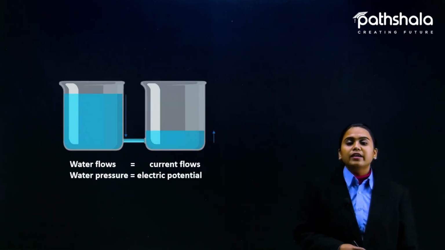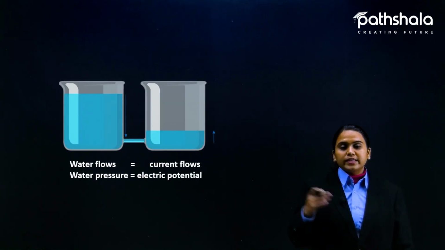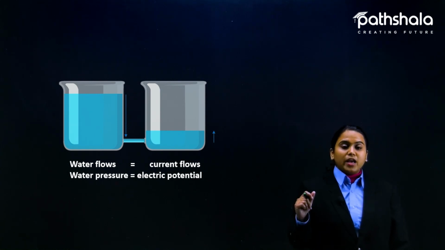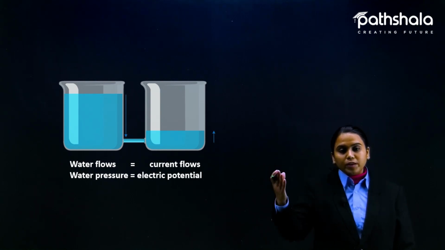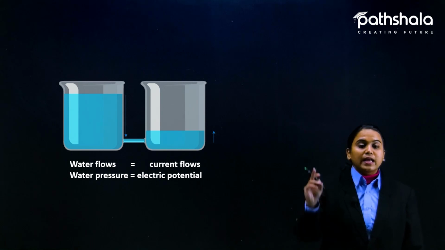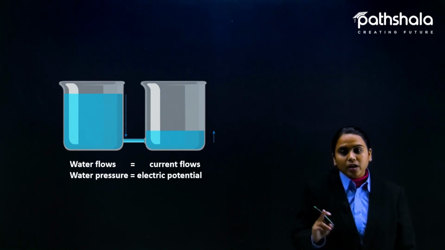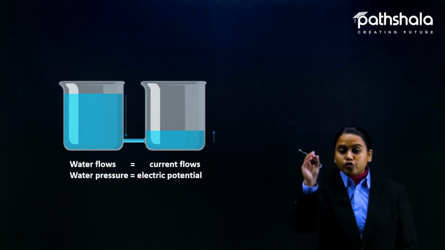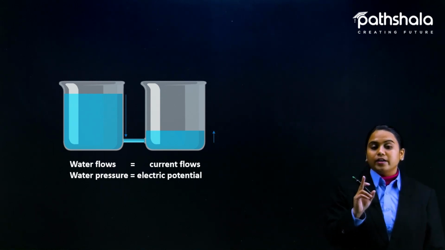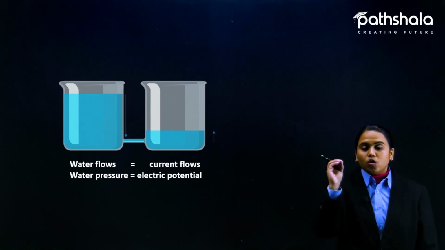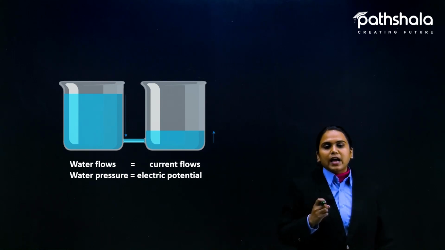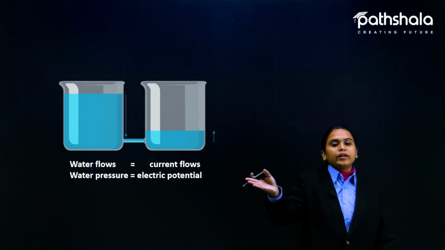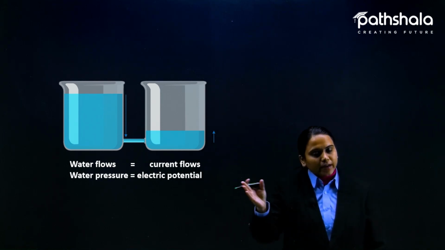Yes, some students mix up the concept of potential and current again. So let me tell you this example again. In this bucket, the pressure provided by the water to move the water from one bucket to another bucket is equivalent to potential, and the stream of water that is flowing is the current. If you can imagine, bringing up your abstract knowledge here, the water flows from one bucket to the other.